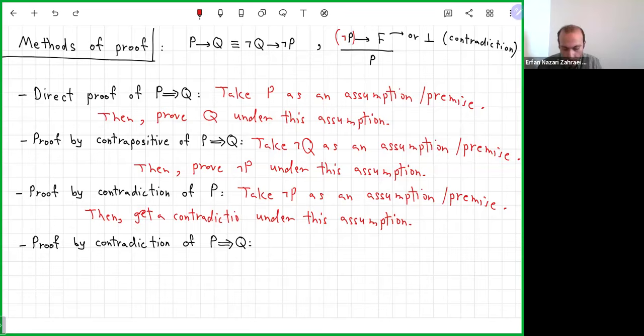You can use proof by contradiction not only for proving this, but for example for proving an implication as well. Now what should I do if I want to use the same idea, proof by contradiction, for an implication? First, for the direct proof, I should take P as my assumption.